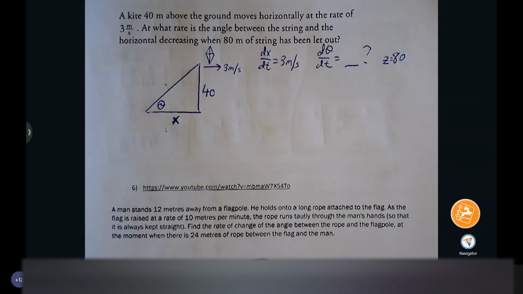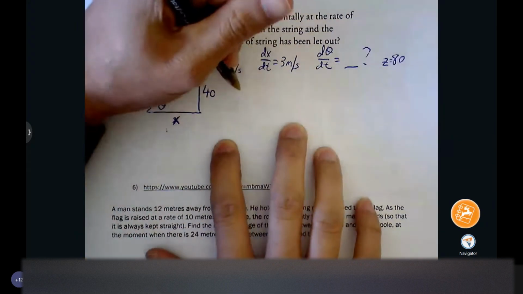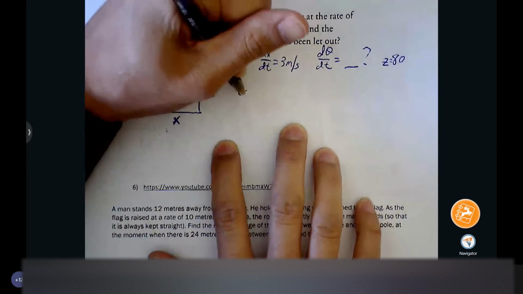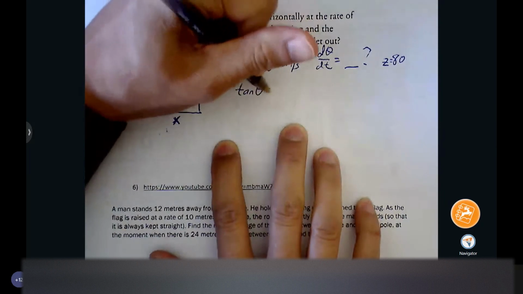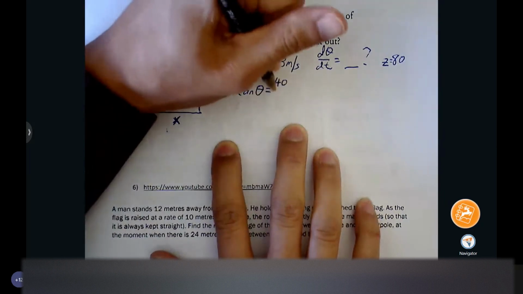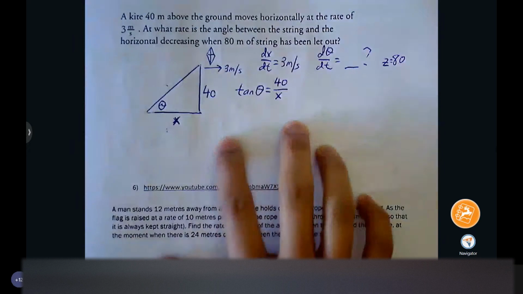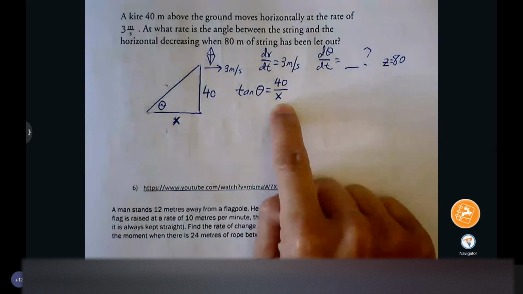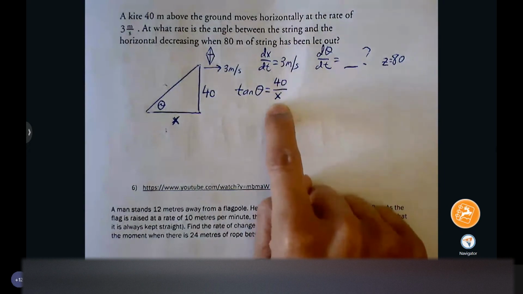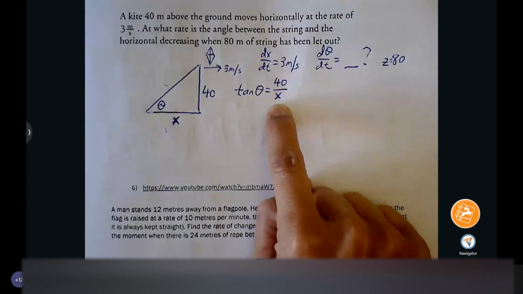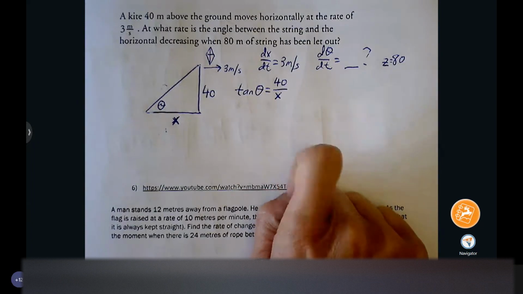Tangent theta. Okay, there's something a little strange about this equation. I want to make sure we can see that. Is the adjustment that we need on the right side here. Before we find the derivative, what can we do on the right side so that we can avoid quotient rule? I'll separate the fraction, 1 over x.